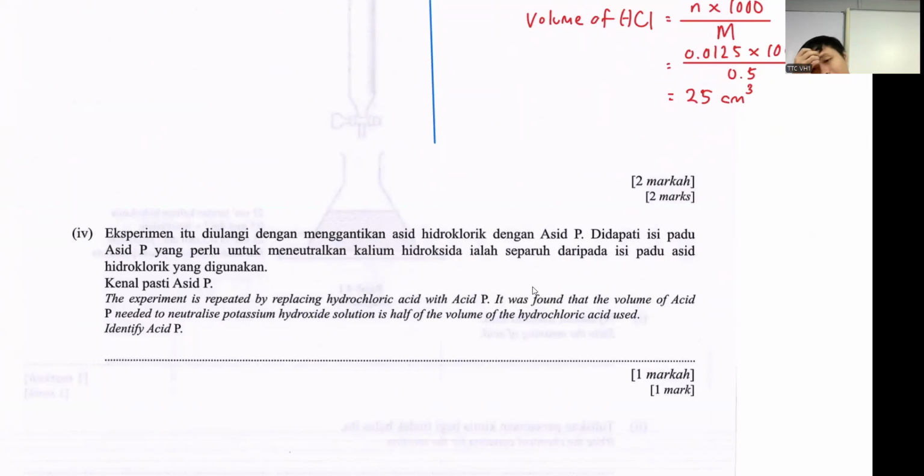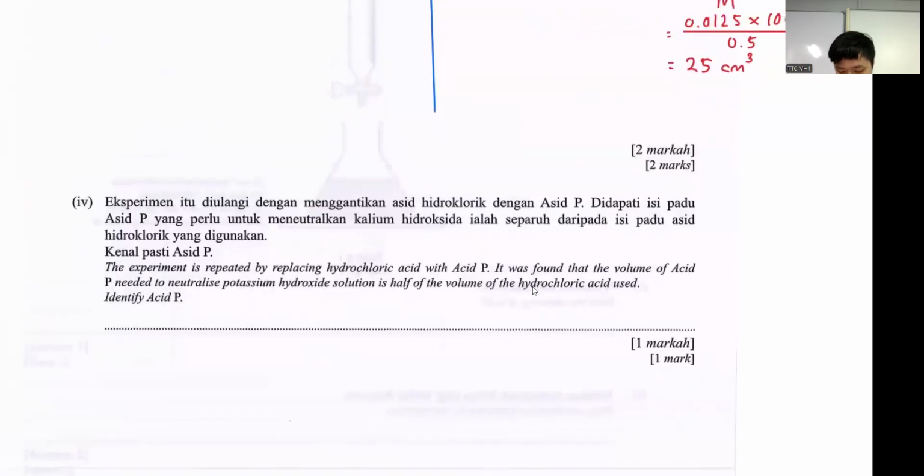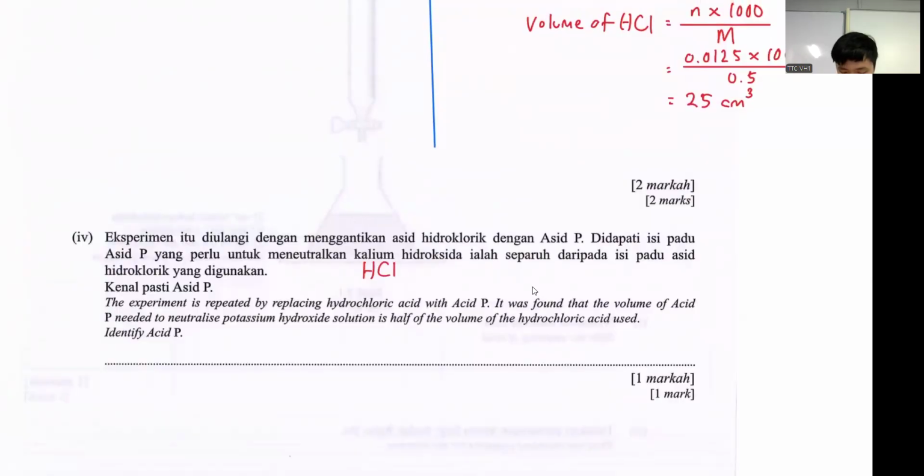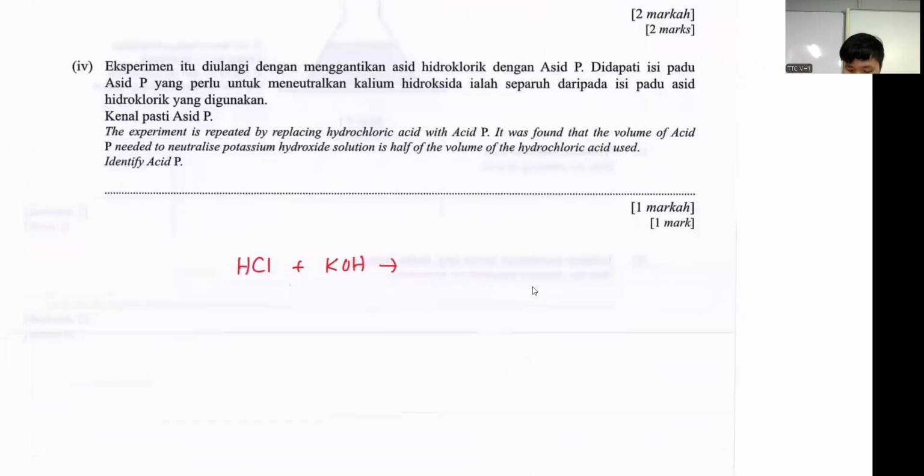Identify acid P. Okay, so in this case, just now HCl reacts with KOH to form KCl and H2O. Just now, the volume of acid needed is 25 cm cube. You calculated, right? But they change with acid P.